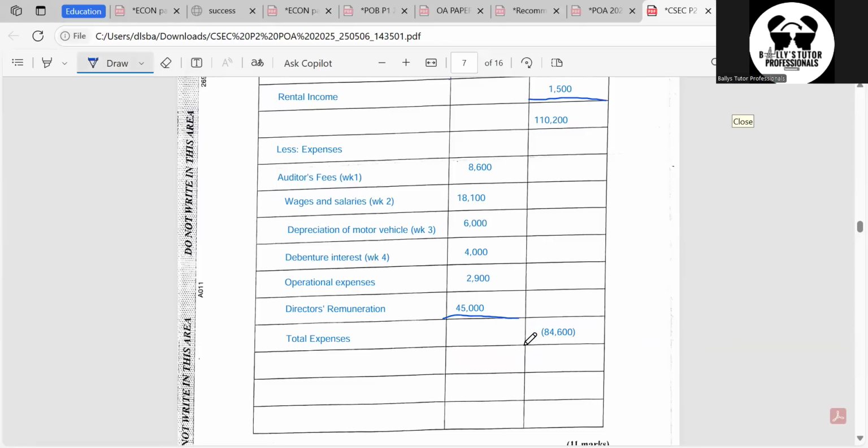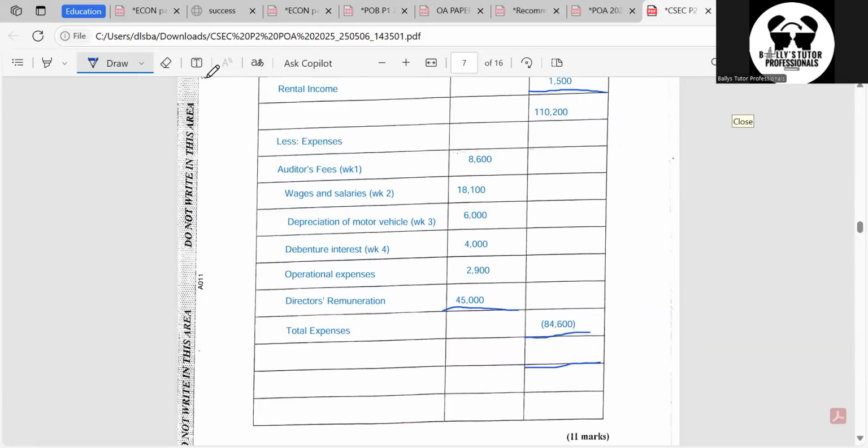And this will give me my net profit, right? And that is 11 marks right there. Boom. Net profit would be 25,600. 11 marks secured.